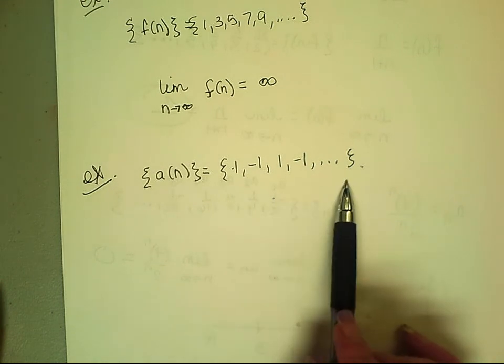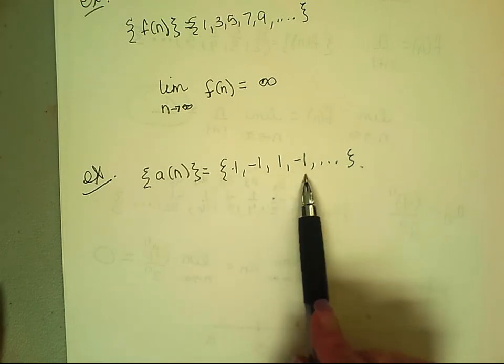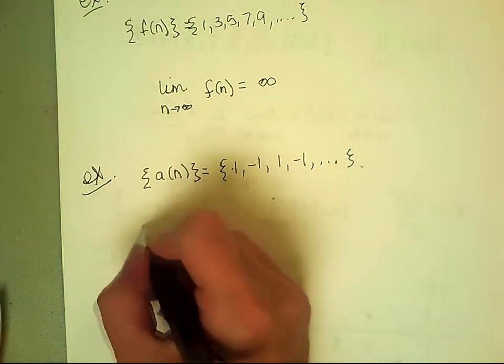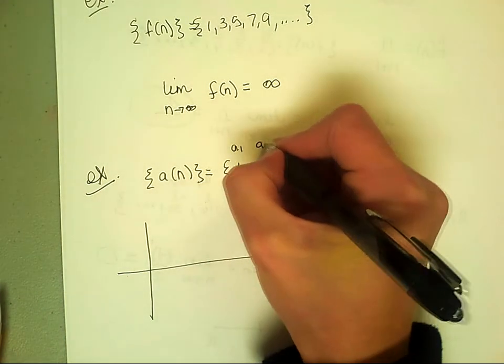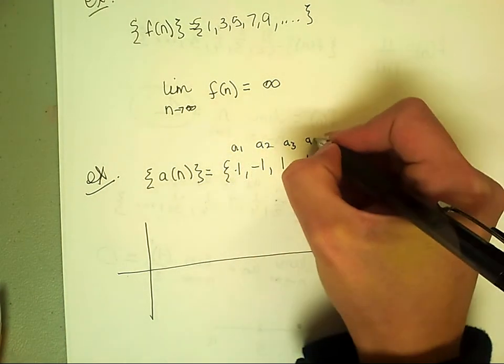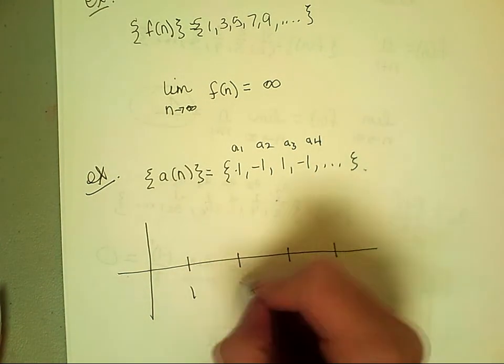However, does the limit of this exist? That is, as n increases, do the terms approach a single value? So this is a sub 1, a sub 2, a sub 3, a sub 4. If we were to graph it, let's look and see.